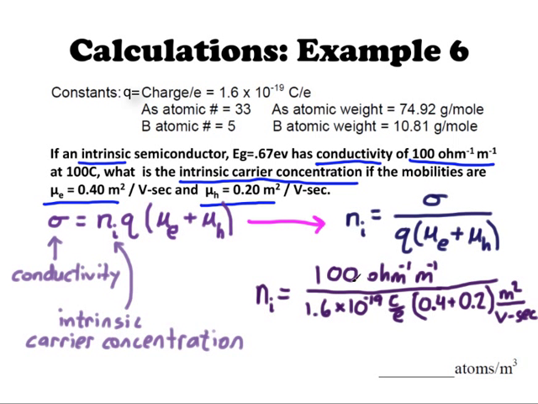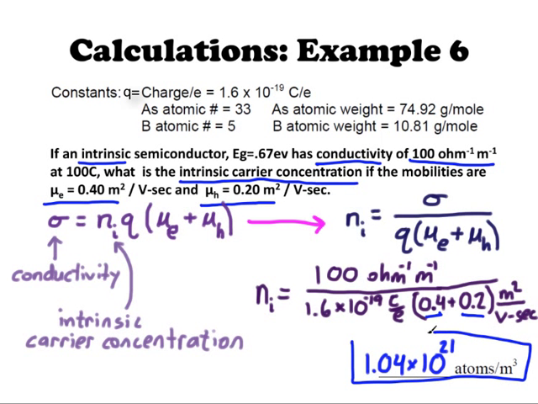The conductivity was said to be 100 inverse ohm inverse meter. The charge of an electron is a constant. The mobility of the electron was provided to be 0.4, and the mobility of the hole 0.2. When we calculate our final answer, you should get about 1.04 times 10 to the 21st atoms per meter cubed. So this is going to be our final answer.